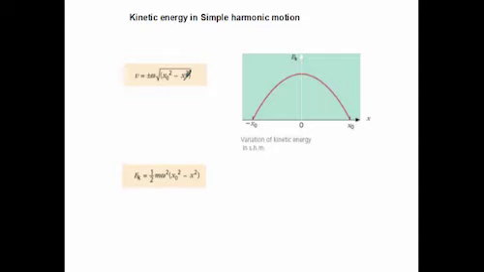Now, as we know, for the kinetic energy, we have half m v square. So substituting v from here, we will get half m, and we will square the velocity here, so it will be omega square. We will get rid of square root, so x naught square minus x square.